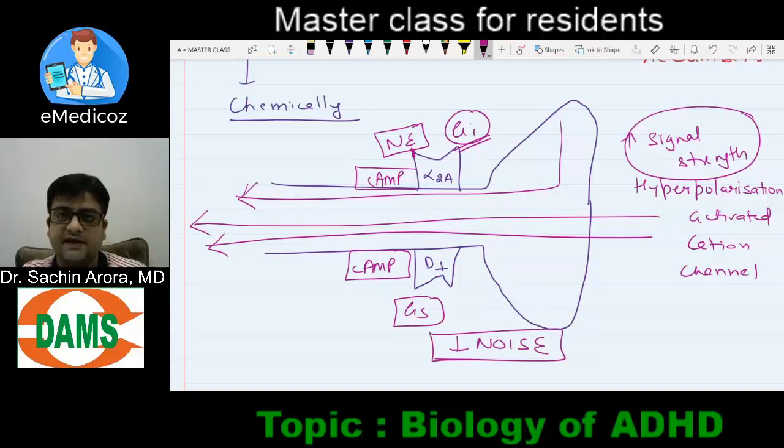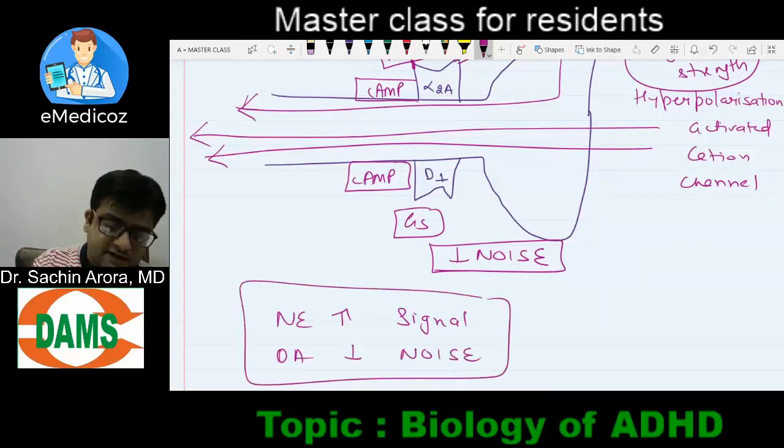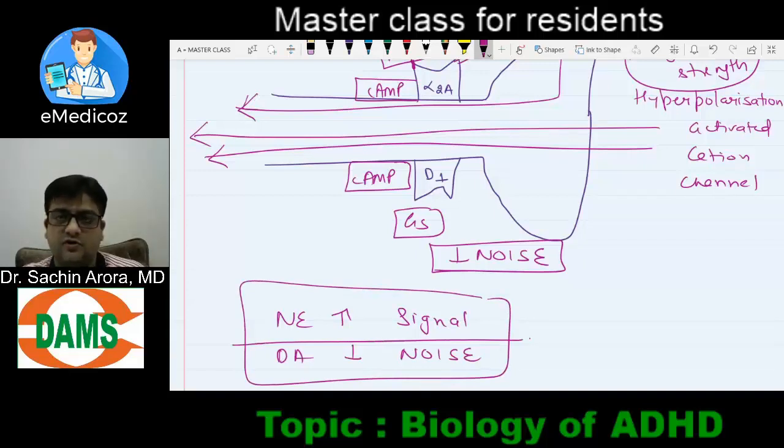This is the chemical explanation of how norepinephrine increases the signal and dopamine decreases the noise. Hence, the chemical attribution of norepinephrine and dopamine is linked to signal and noise in ADHD information processing.